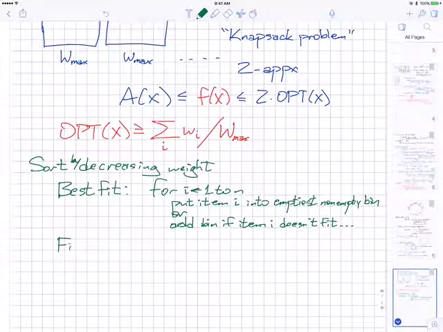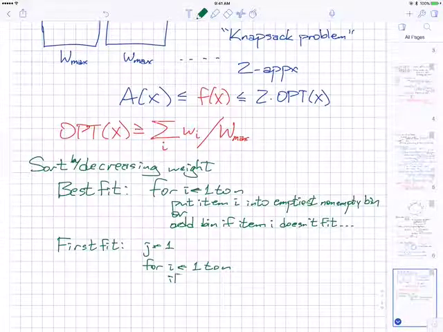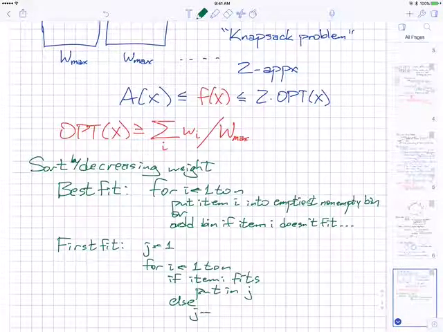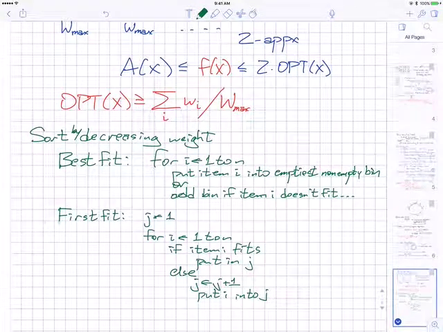There's another possibility. I'm going to set j to be equal to 1, and now for i goes from 1 to n, if item i fits, put it in bin j, else j gets j plus 1, and then put item i into bin j. So fill up the bin as much as I can, and when I can't put anything in, send it off to UPS and then start filling the next bin.